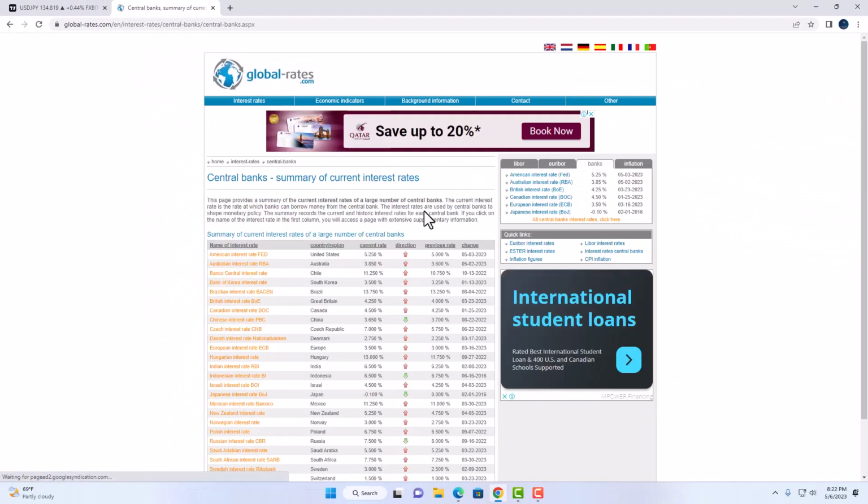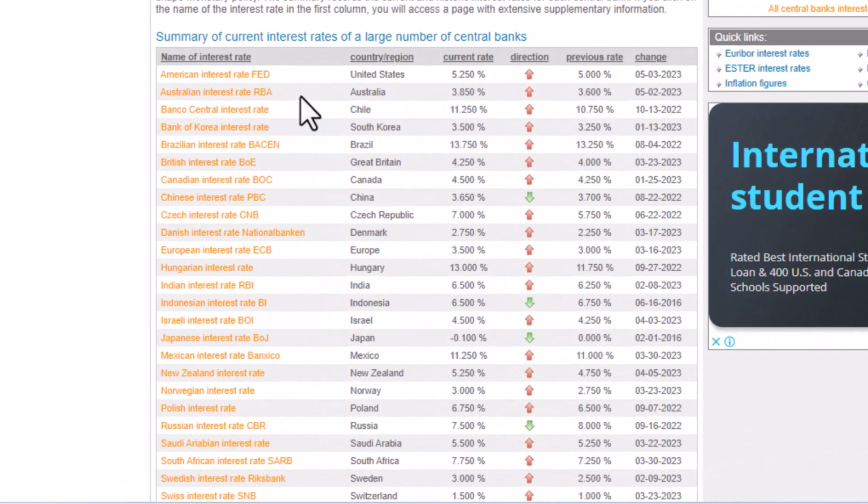Once you reach here, you will see this table. This table shows you currencies, their central banks, and the interest rate they have set.